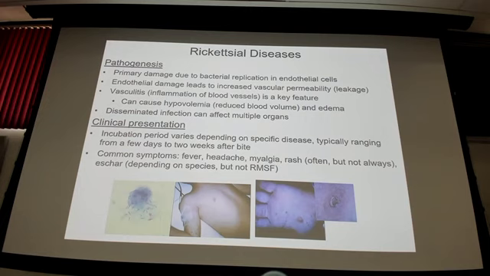Each one of those 4 diseases that were on the previous slide will have its slightly unique and distinctive presentation features. But in general, the commonality is that once these bacteria get into the host, they have a tropism for endothelial cells. And because they're intracellular pathogens, they will cause direct damage to the endothelial cells. And then once these endothelial cells start dying, you'll get some of these symptoms that you associate with rickettsial diseases.